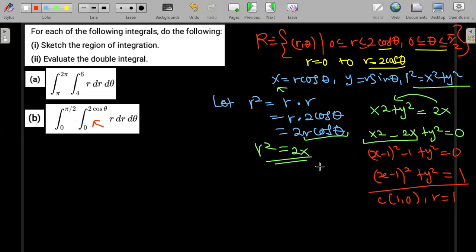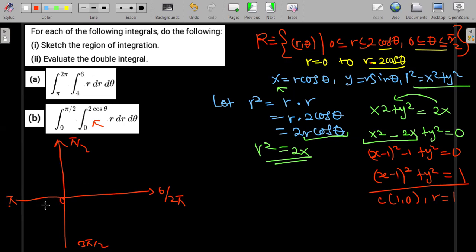So we can now sketch, because we know that r equals 2 cos theta is actually a circle. So let's sketch it, so that our region of integration, if you show it on a sketch, will be this one here. Remember this is 0, this is pi over 2, this is pi, and this is 3 pi over 2.